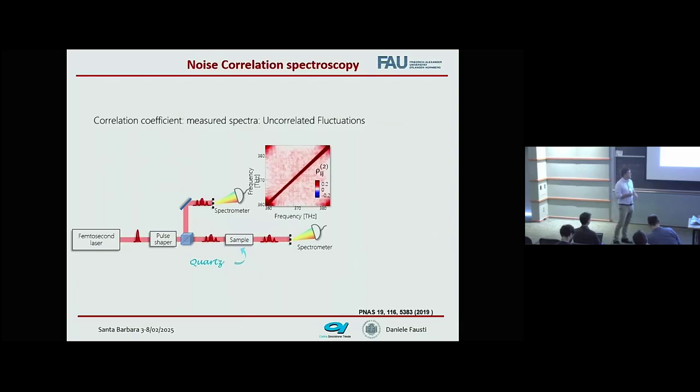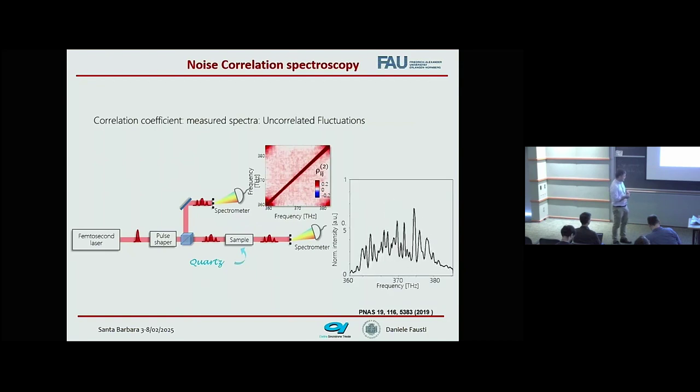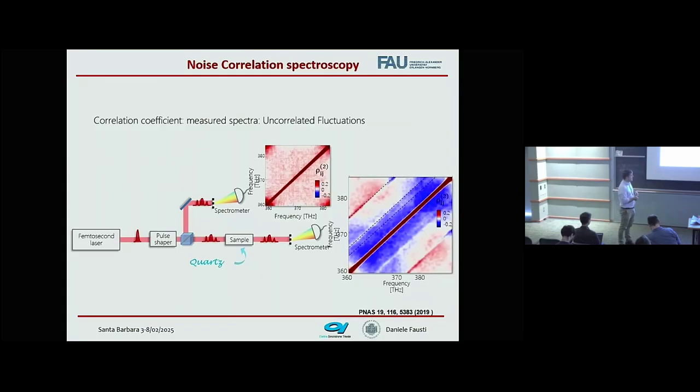We developed the means to produce random fluctuations in the phase. If you take the same set of pulses and make them interact with a sample, and you look at them one by one, obviously you don't learn much, but if you look at the correlations, you get out the phonon of the sample that you put in interaction with the light. So it's a good means to extract the frequency of the boson which mediates the correlations that you introduce in light.